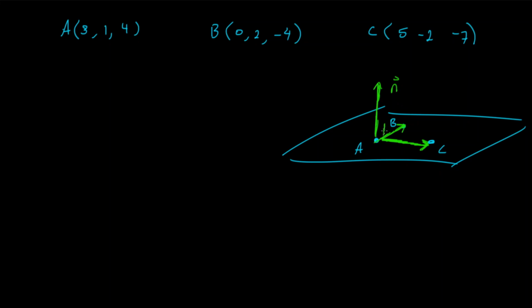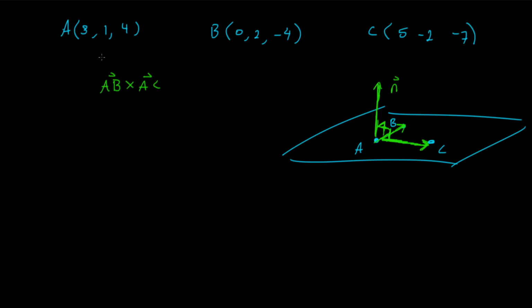This vector is perpendicular to AB and perpendicular to AC. How can you find a vector that is perpendicular to AB and AC? Take the cross product of AB and AC. Then you have your vector, and then you need a point on the plane. You're given plenty of those. We are home free. So now I'm going to proceed and do this problem.